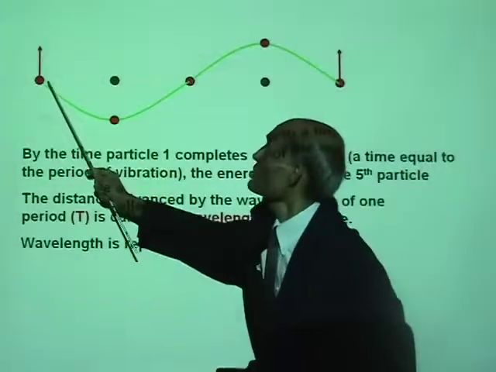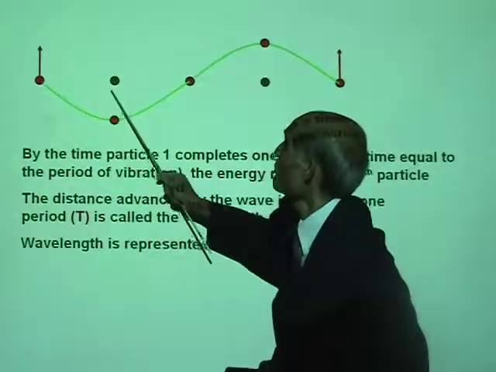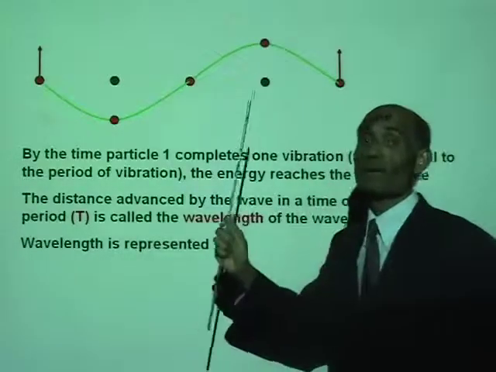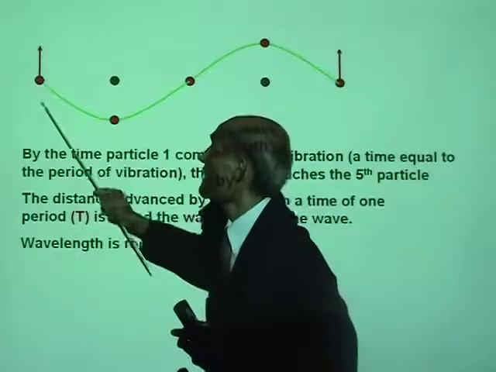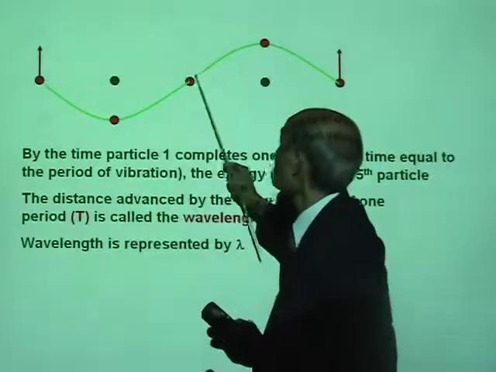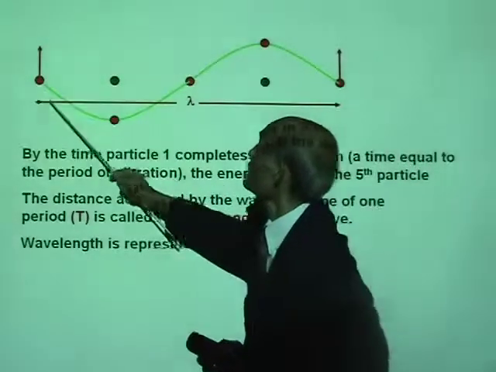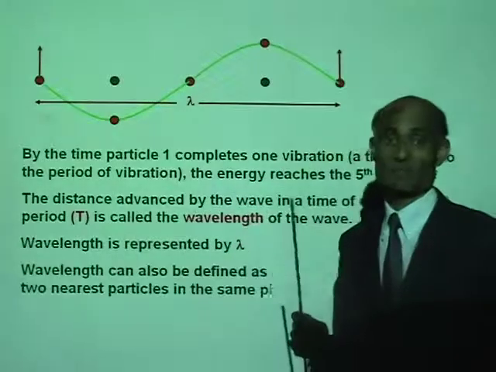So, if I ask you what is that wavelength, it is the distance measured from the 1st particle to the 5th particle. Why? Because by the time the 1st particle completes one vibration, energy reaches the 5th particle. So this distance is what we call one wavelength.